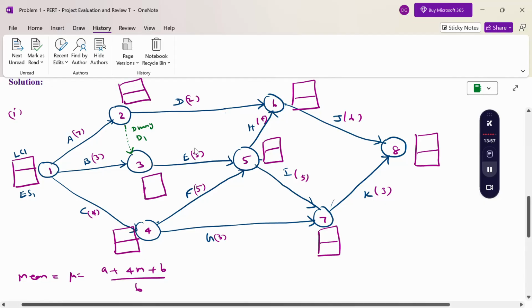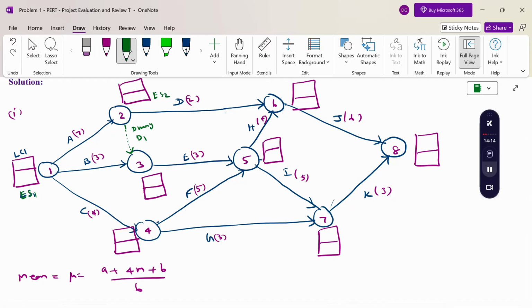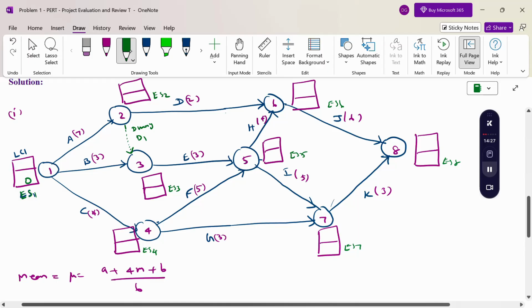Now initially ES1 is the initial earliest starting time. So we can consider this is ES1, then this is ES2, ES3, ES4, ES5, ES6, ES7, ES8. For this, the initial is 0.